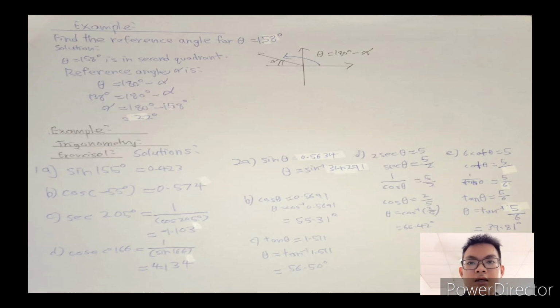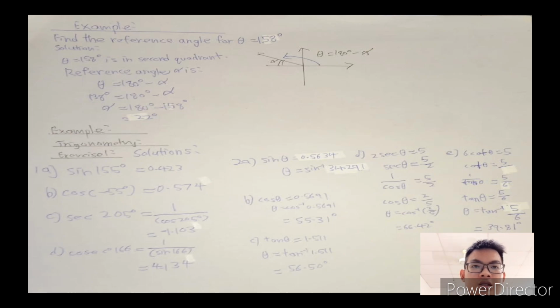For question 1d, cosec 166 degree. The solution is 1 over sin 166. The answer is 4.134. Let me see question 2a.